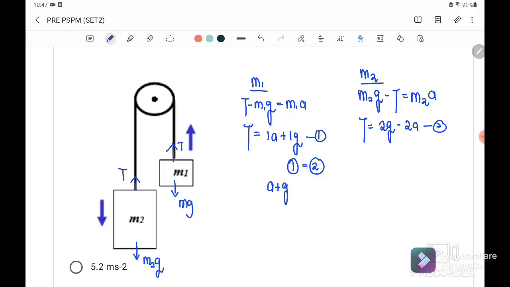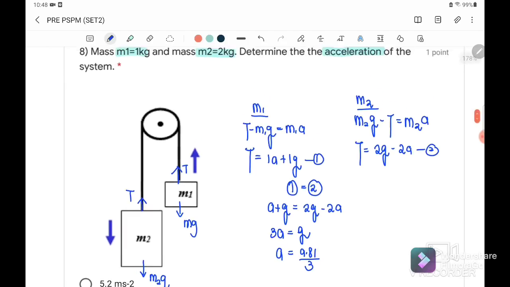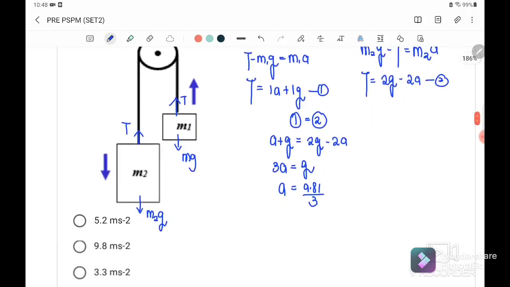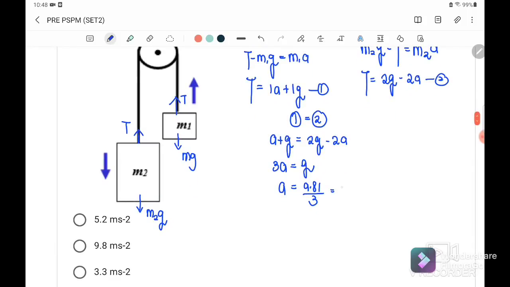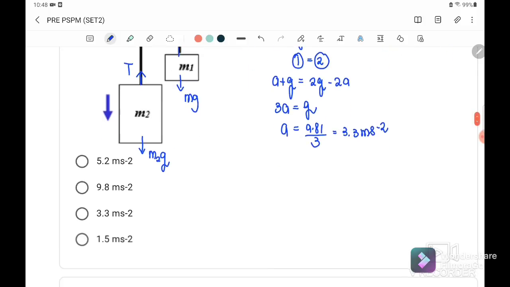So a plus g equals 2g minus 2a. So 3a equals g, therefore a equals 9.81 over 3. For question number 8, the answer is 3.3 meters per second squared. So the answer is C.